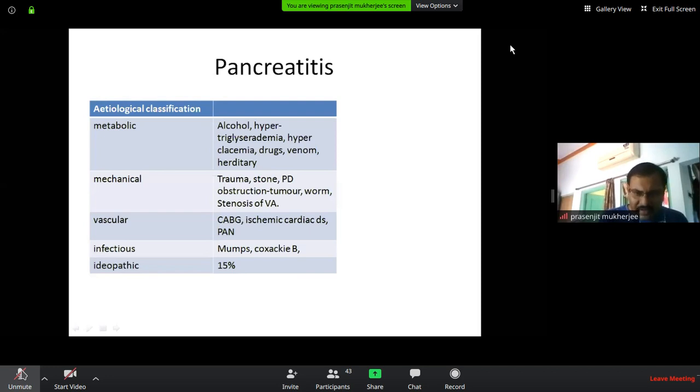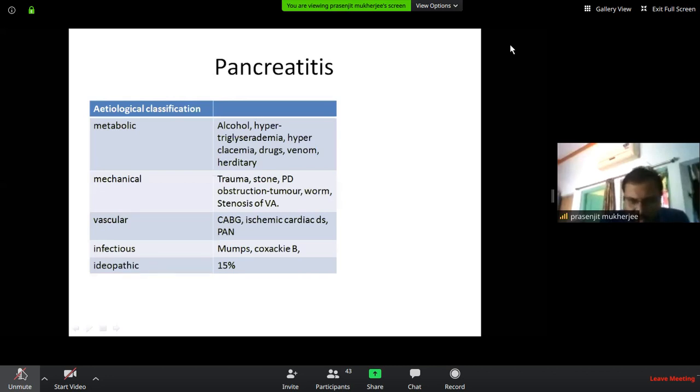These are small gallstones or sometimes sludge, sand-like particles, which come from the gallbladder to the common bile duct, and ultimately transiently obstruct the ampulla of Vater or sphincter of Oddi, as a result of which there is an increase of intrapancreatic pressure and activation of the cellular enzymes. So, a very important cause, probably the most common cause of acute pancreatitis, is gallstone pancreatitis.